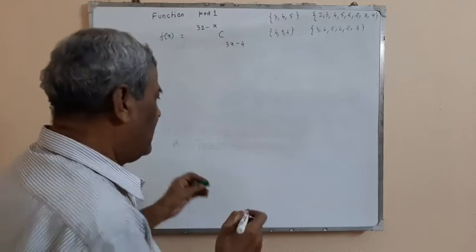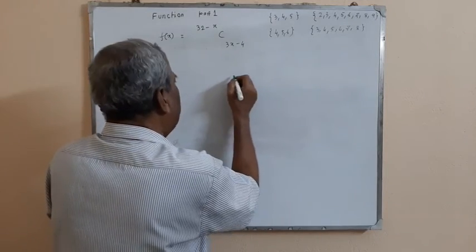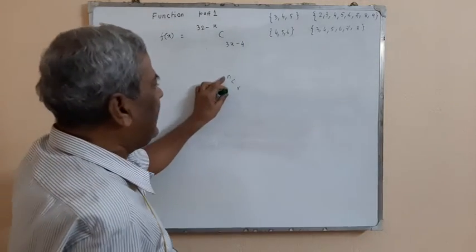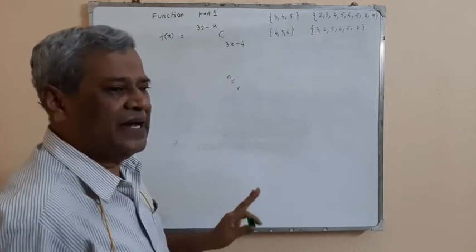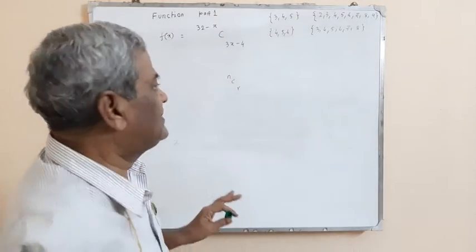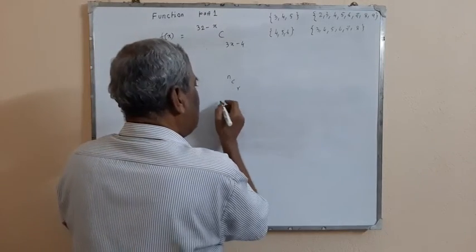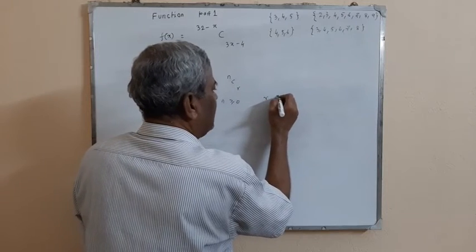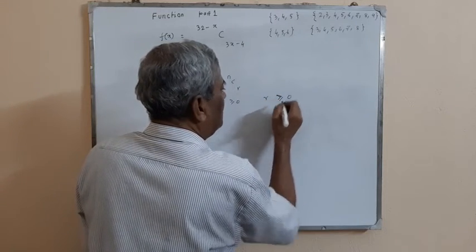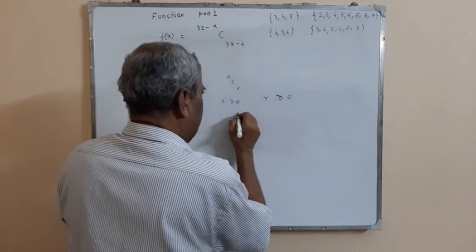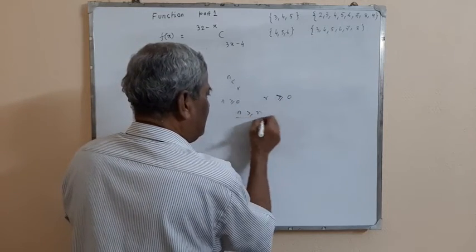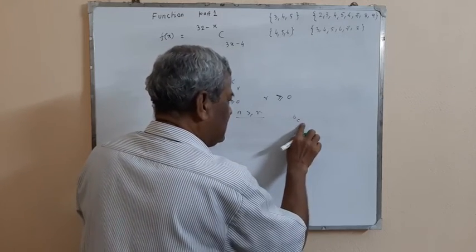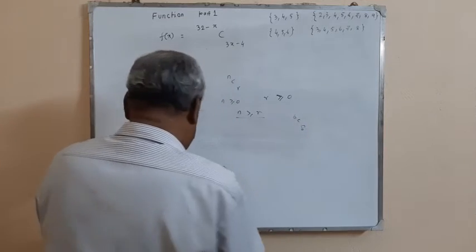Now we know from algebra the properties of nCr: n and r both are non-negative integers. That is, n is greater than or equal to 0, r is greater than or equal to 0, both are integers, and n is greater than or equal to r. Because 6C6 is possible, but 6C8 is not possible.